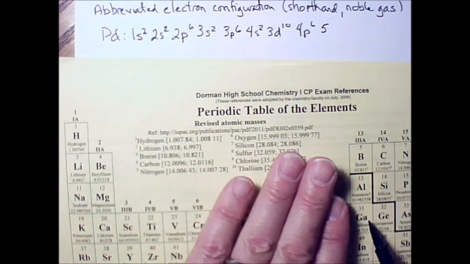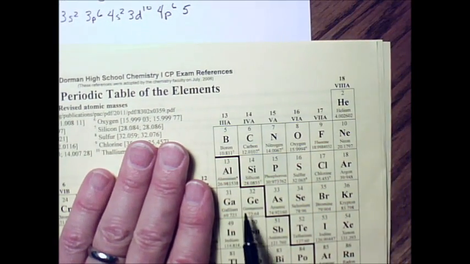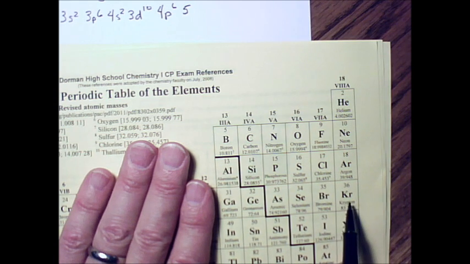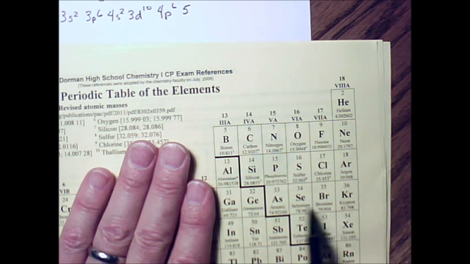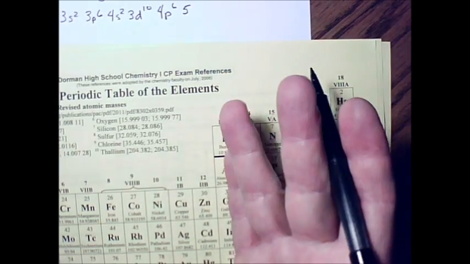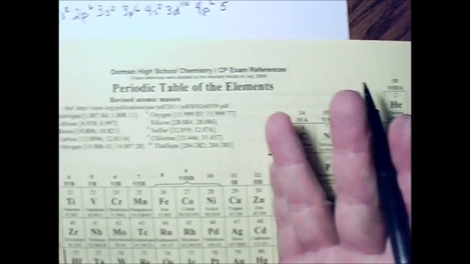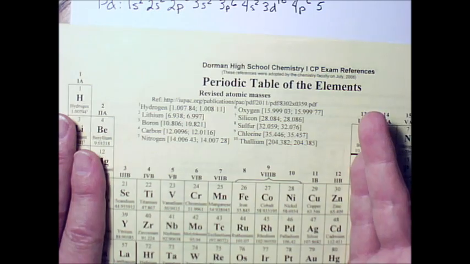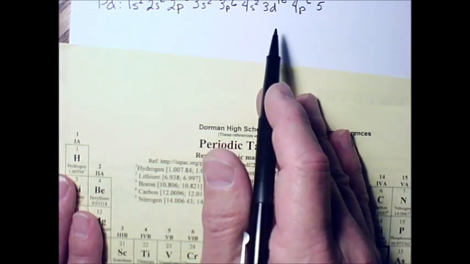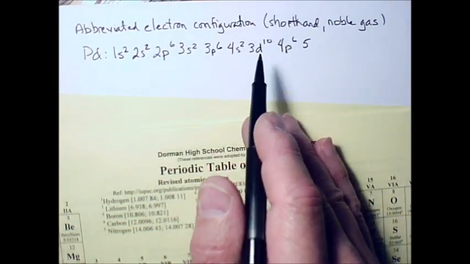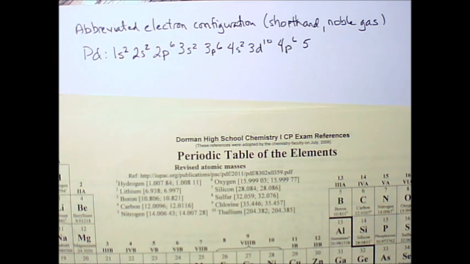This is the d sublevel region starting right here: 1, 2, 3, 4, 5, 6. So it counts just the d? Just the d sublevel, this region right here. Okay? And there are 10 elements in here, so that's when we can have 10 electrons in the d sublevel region. Okay? So d can have 10.